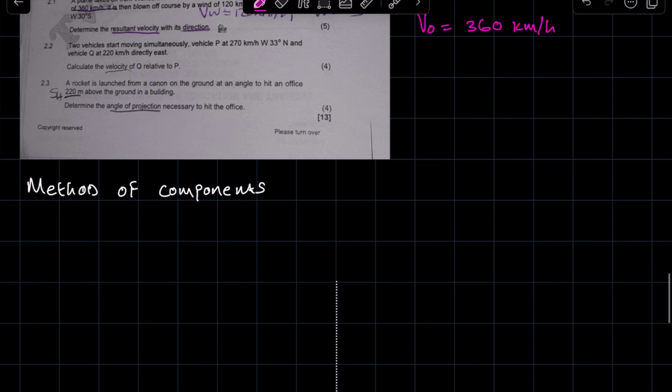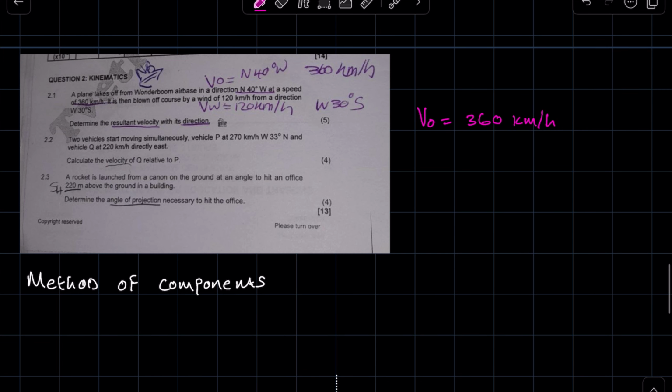North 40 degrees west. That means our angle is referenced from the y-axis. Remember that regarding direction, the first direction pertains to where the angle is referenced, and the second direction pertains to where the object is going.